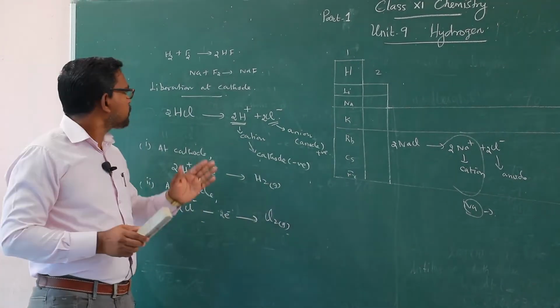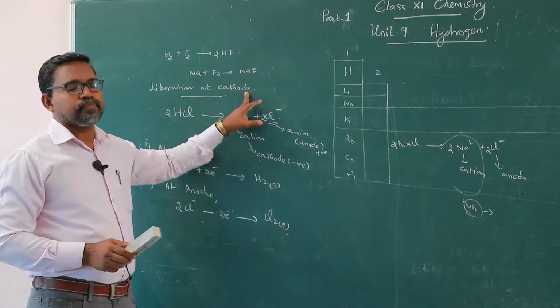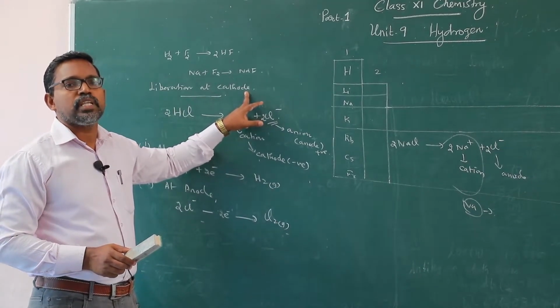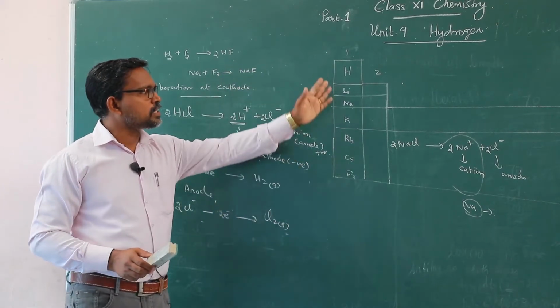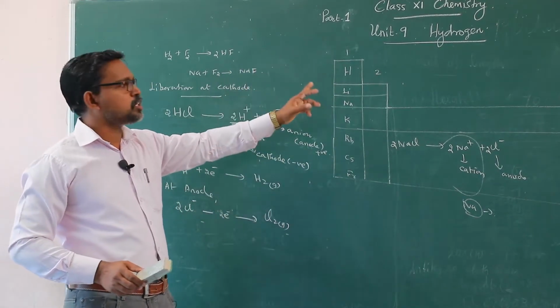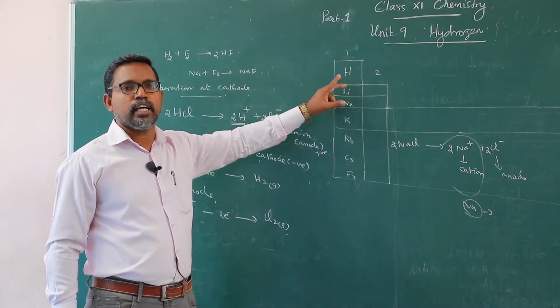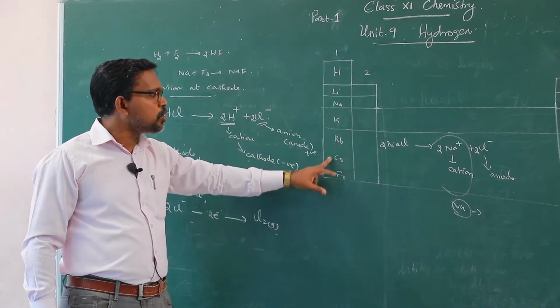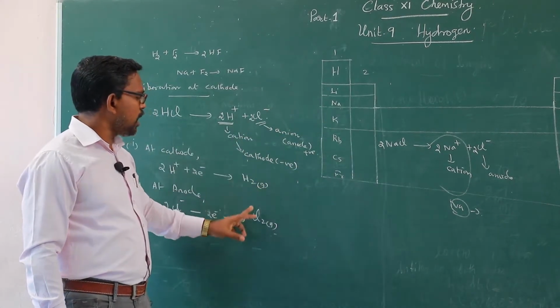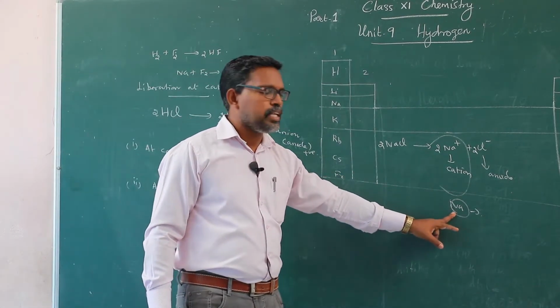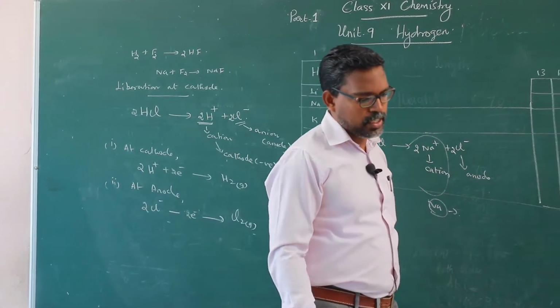In this way, the liberation at the cathode is similar between alkali metals and hydrogen. During the electrolysis process, hydrogen is liberated at the cathode. From the compounds of alkali metals, the metal atom is liberated at the cathode. This is the similarity.